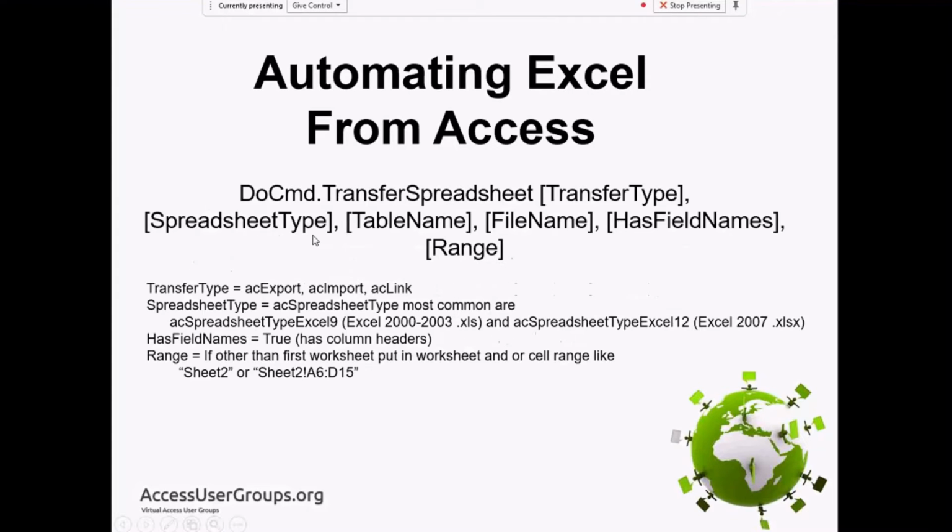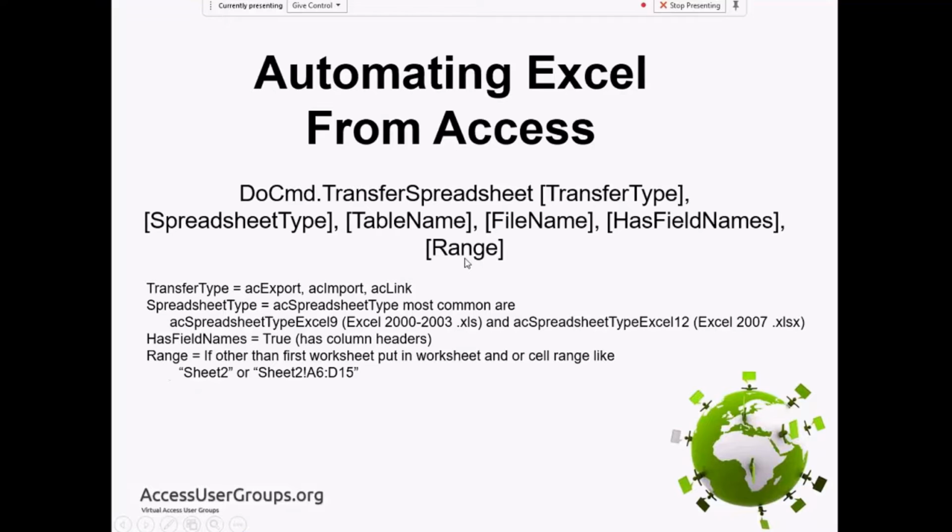And here's a little bit more detail about the parameters available for DoCmd.TransferSpreadsheet, the different types for each of these. I'm showing you the most common spreadsheet types, 9 and 12, which are 2000 through 2003 or 2007 and beyond.